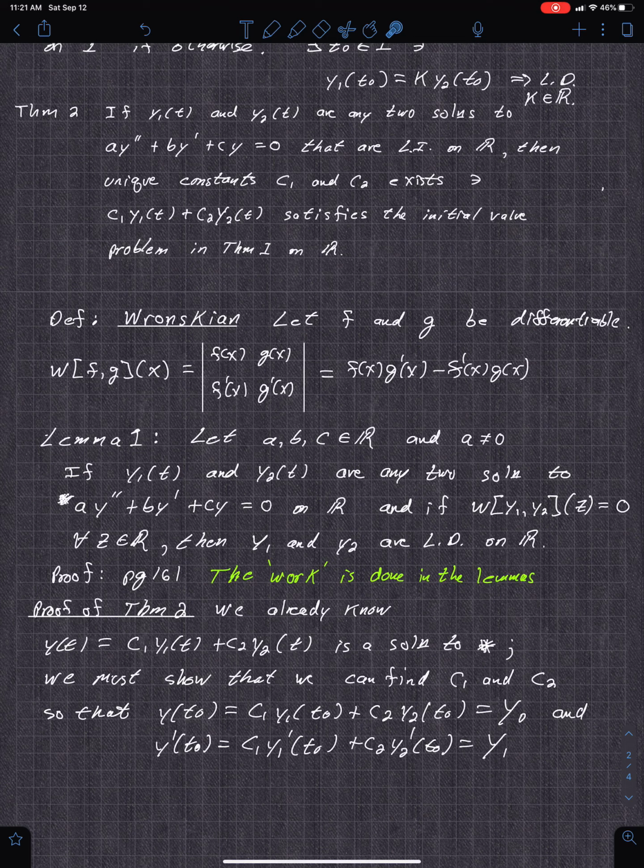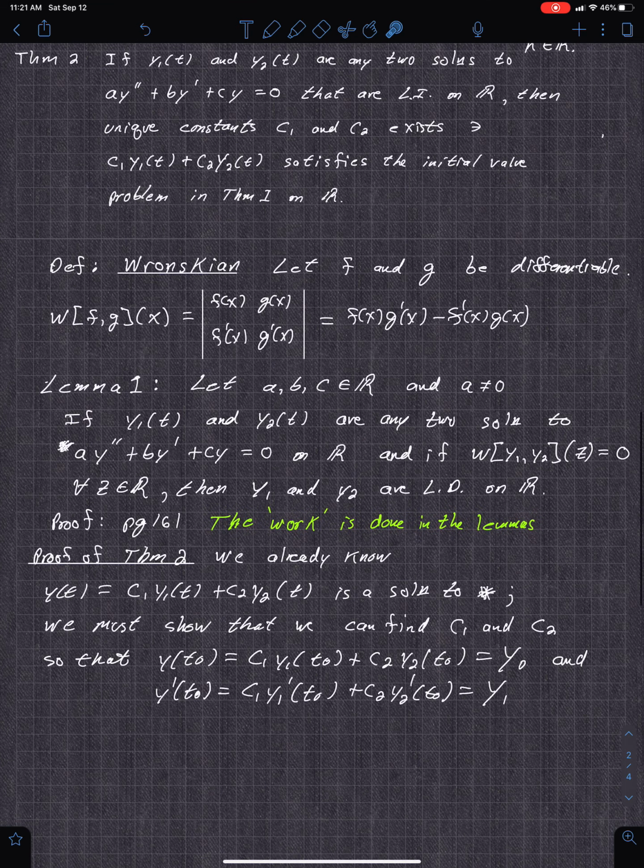That's really the key there. Let's think about that. Okay, so if they're linearly independent, then the Wronskian is non-zero. So it goes back to this.